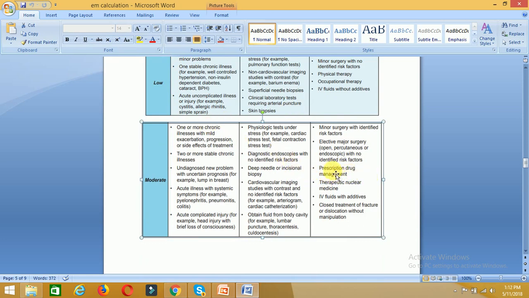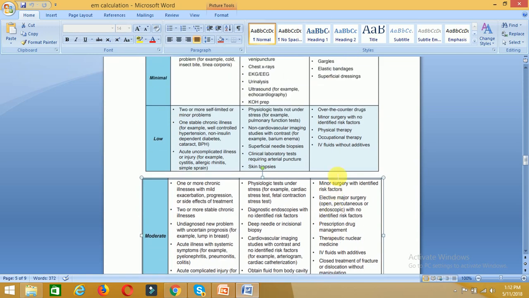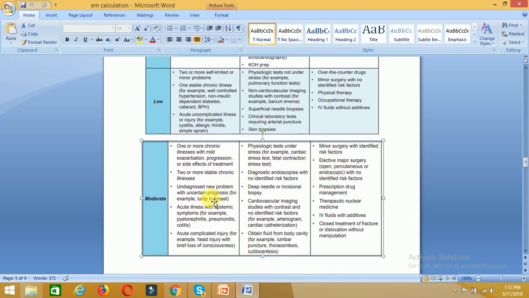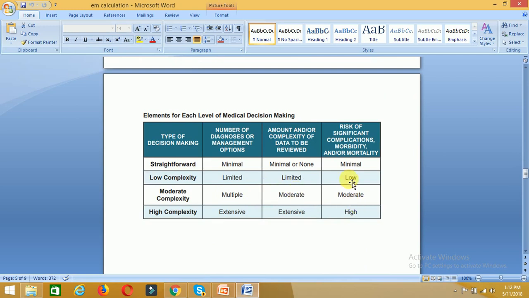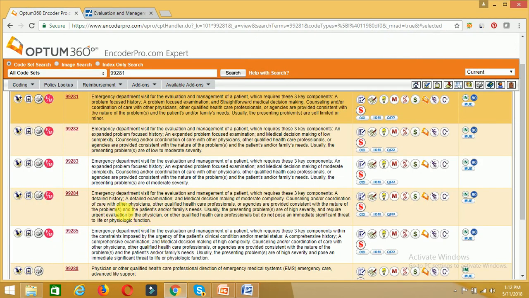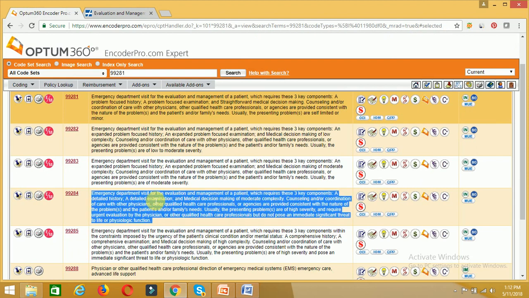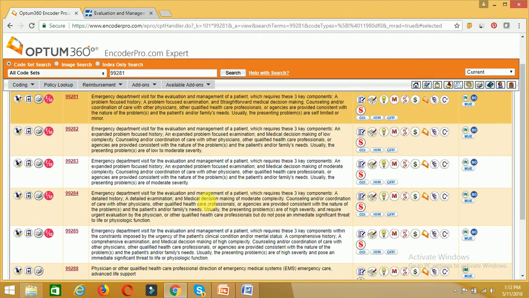So our level of risk for the medical decision making is moderate, and moderate in the table means moderate complexity type of medical decision making. So I got detailed history, detailed examination, and medical decision making of moderate, because the patient is prescribed and administered the drug, so that will be the moderate medical decision making.